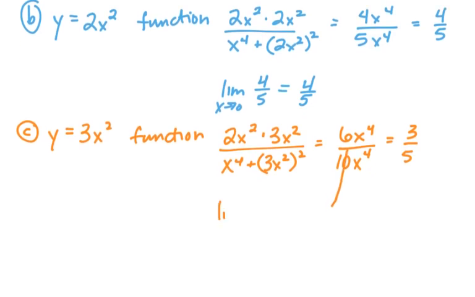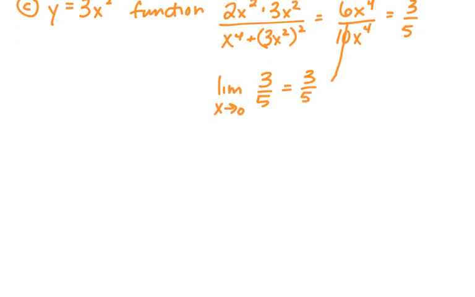So again here, the limit as x approaches 0 of 3/5 is 3/5. So by plugging in these different paths, I could see that I'm getting different limit output values, and if the limits along these different paths do not match, then we can say the limit does not exist.